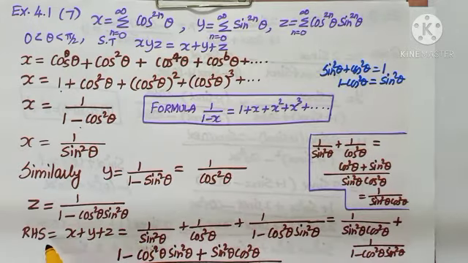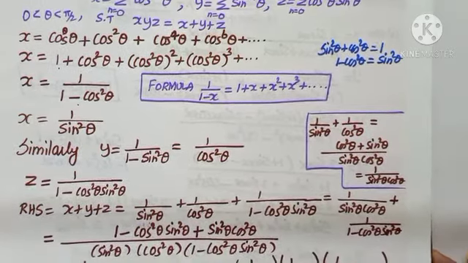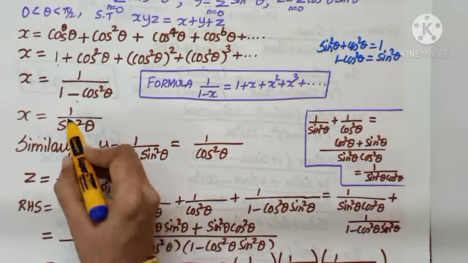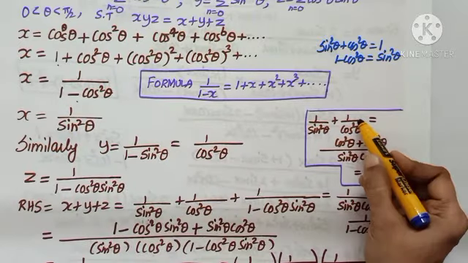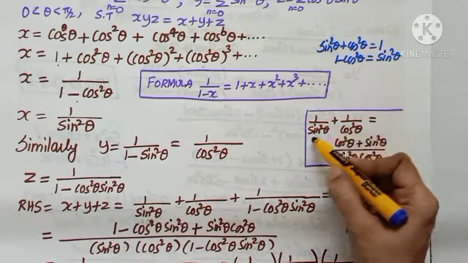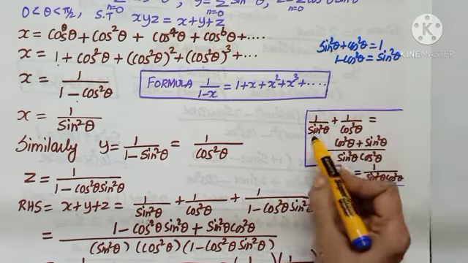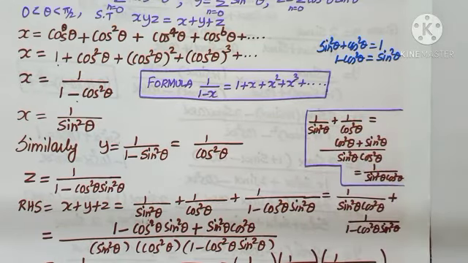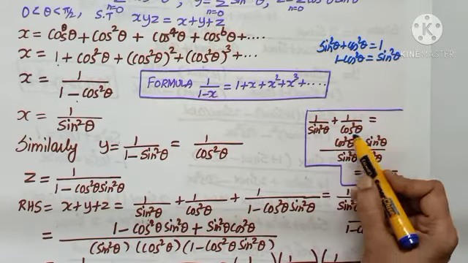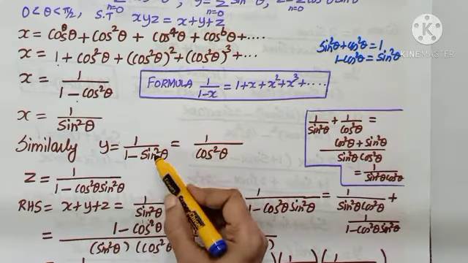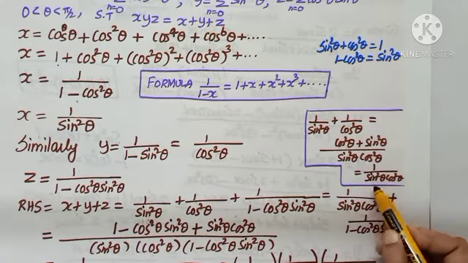Now, we need to add x plus y plus z. When I am adding, these terms are simple for us: 1 by sin square and 1 by cos square. Let us add and check. I can cross multiply: cos square theta plus sin square theta by sin square into cos square. And we know cos square plus sin square is 1. So, x plus y reduces to 1 by sin square theta cos square theta.